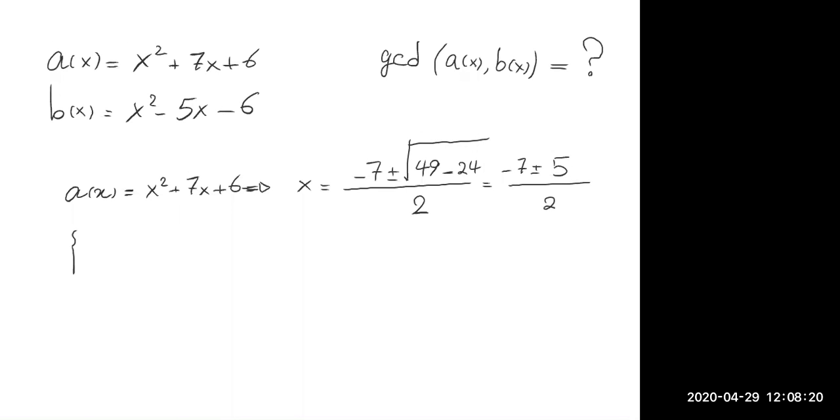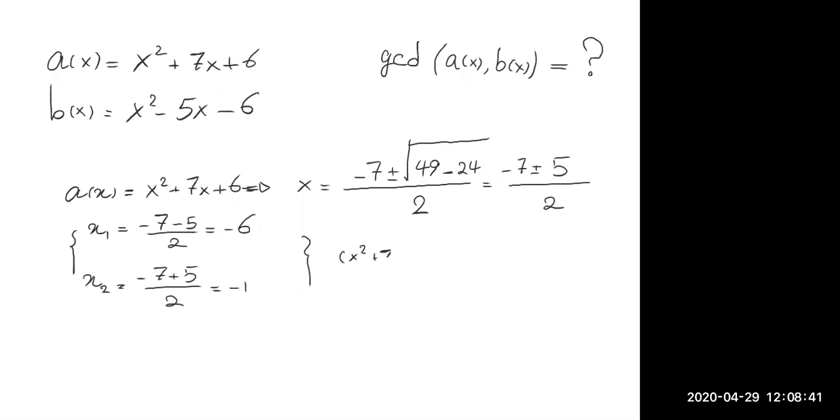So there are two roots. Let's call one of them x1. It's going to be -7 minus 5 over 2, which is -6. The other one is -7 plus 5 over 2, which is -1. Which means this polynomial x squared plus 7x plus 6 is equal to x plus 6 times x plus 1, right? We can do the same thing for the second polynomial b of x.